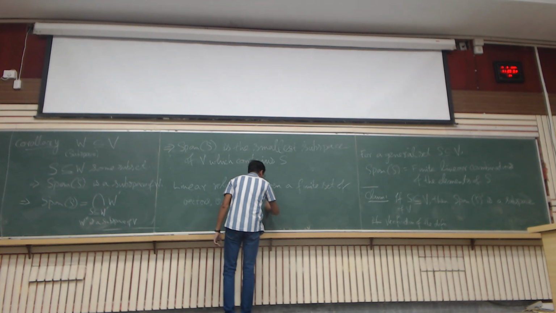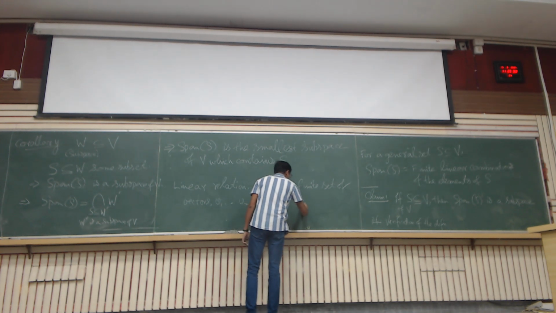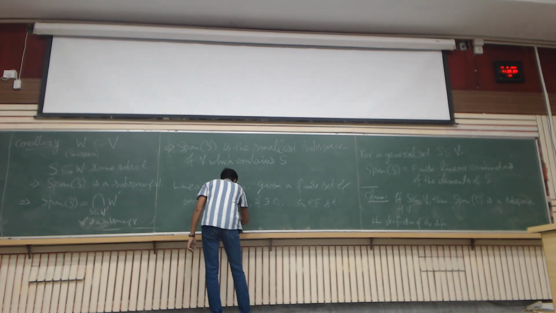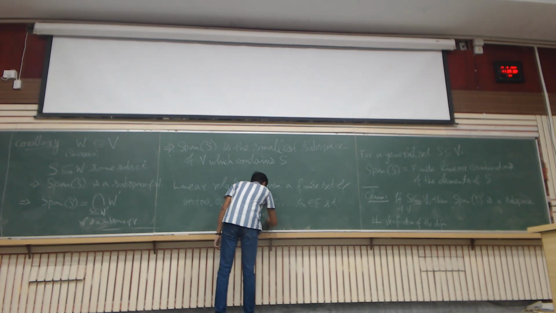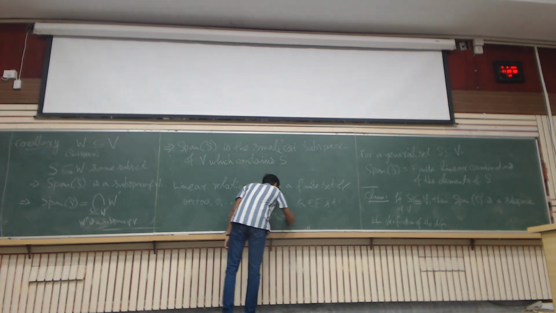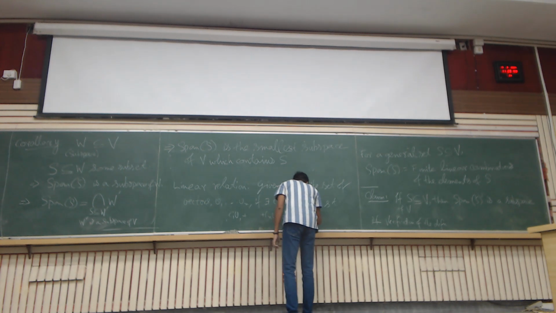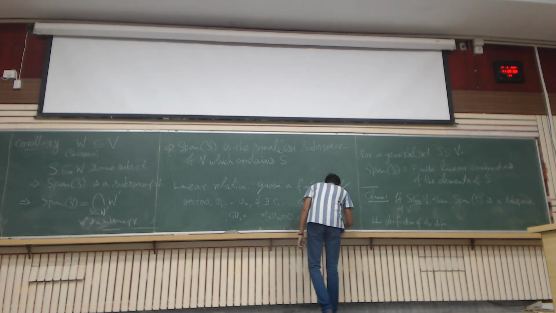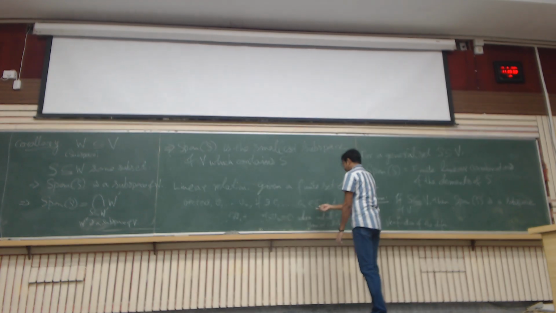If there exist C1 to Cn in F such that C1 V1 plus ... plus Cn Vn is equal to 0, where not all Ci's are equal to 0, then we call this a linear relation.